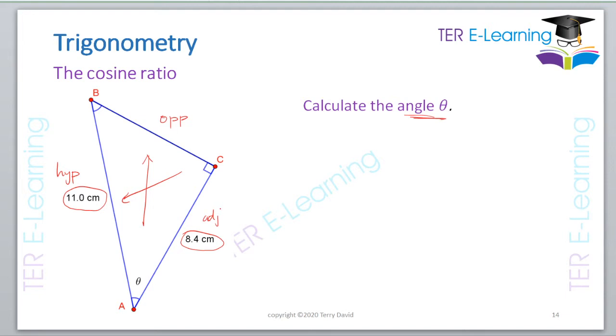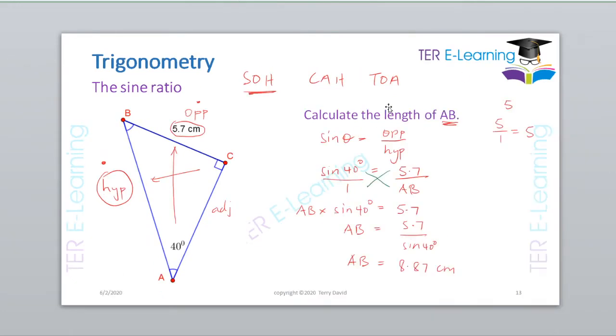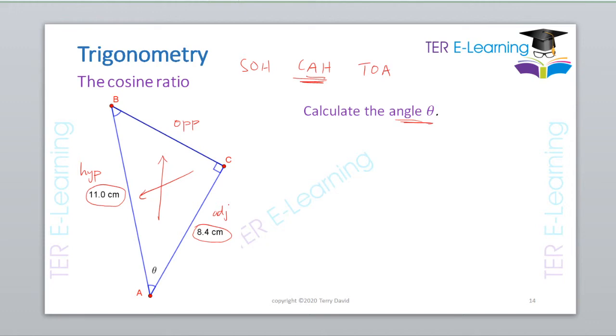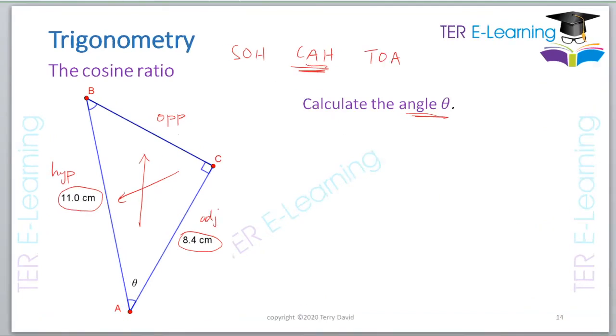All right, so I'm seeing you all saying cos or cosine, right? So that's true. If we look at SOH CAH TOA, I have hypotenuse and I have adjacent, so therefore I should be using cosine. So here's what I'm going to do.